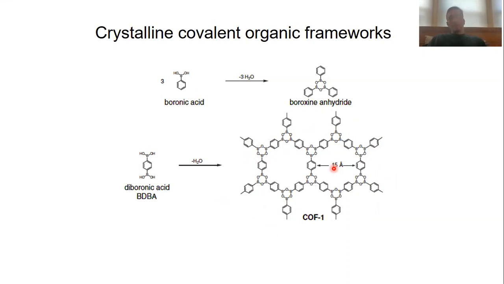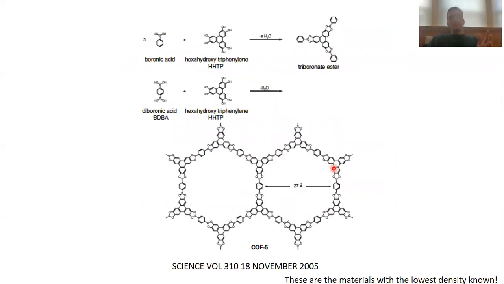In addition to making anhydrides of diboronic acid, one can also polycondense boronic acids with ortho-hydroxy phenolines, which are multitopic. So again, one can extend simple molecular organic chemistry to extended solid state chemistry.